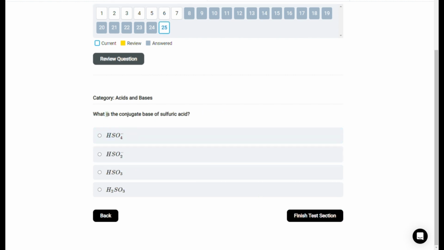Lastly, what is the conjugate base of sulfuric acid? Again, a conjugate base is what is formed after an acid has a reaction, usually with a base. So, thinking of sulfuric acid, the formula is H2SO4. And if it reacts with a base, we can just use a really strong example here, such as sodium hydroxide.